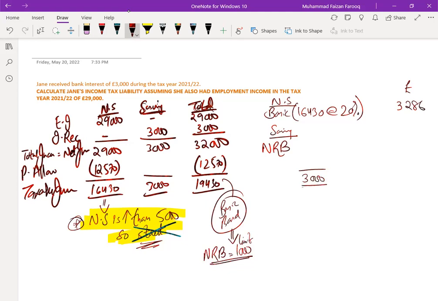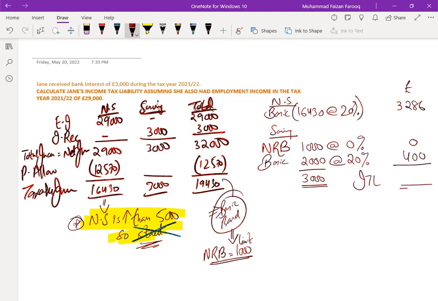His taxable interest income is 3,000 in total. 1,000 falls in the nil rate band, so 2,000 is left. He is a basic band taxpayer, so the remaining 2,000 falls under the basic band at 20%, which is 400. Income tax liability is 3,686. Any questions?